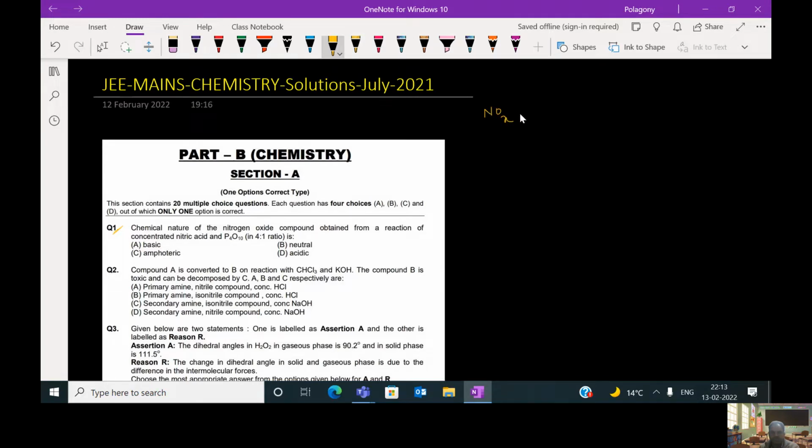So we should find out the chemical nature of the nitrogen oxide compound obtained. So what is that oxide of nitrogen?